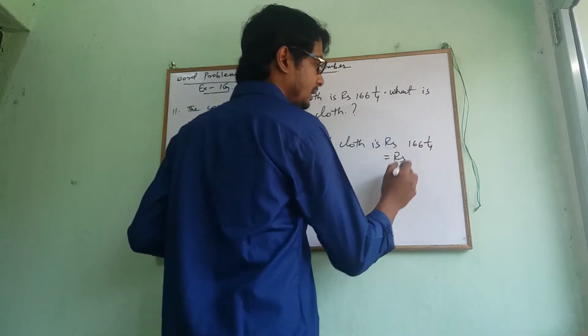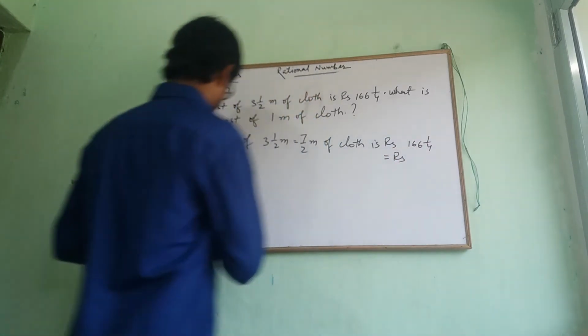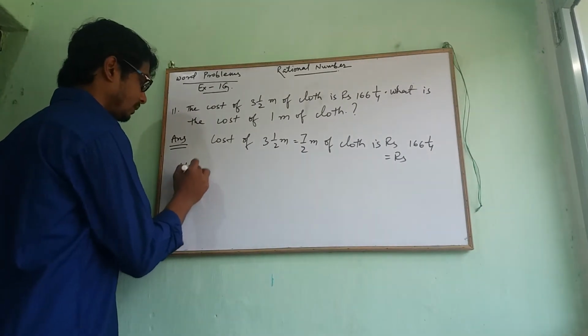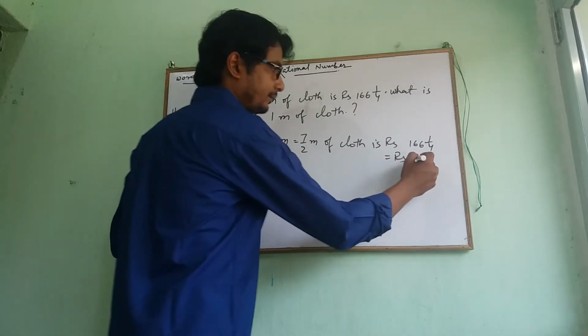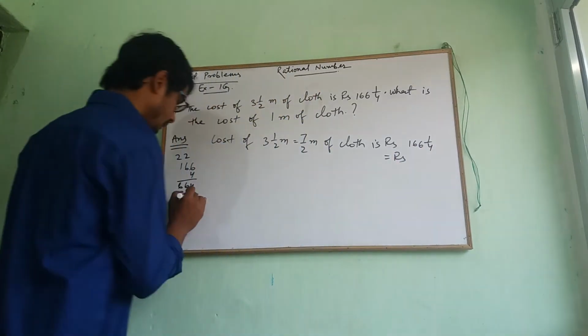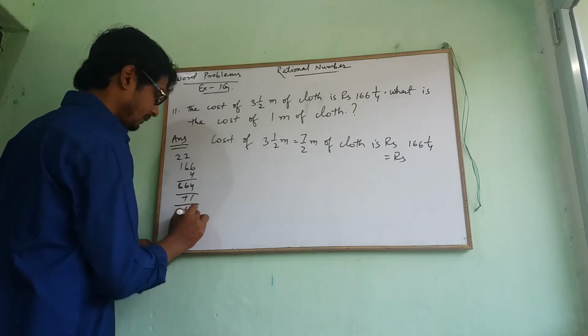That is equal to rupees 166 multiplied by 4. So 24 carry 2, 6 sixes are 24, 26 carry 2, 4, 660. It will be plus 1. So this will be 665.